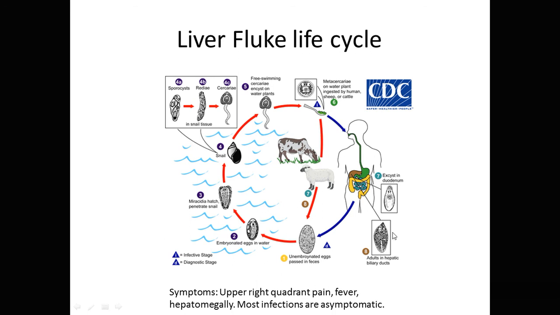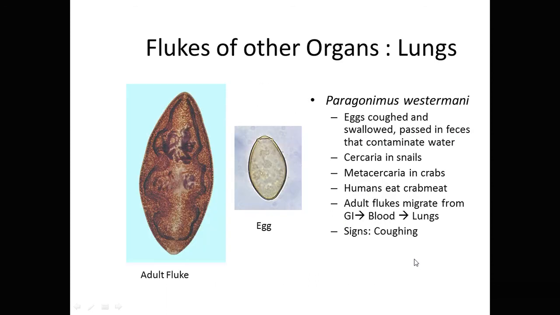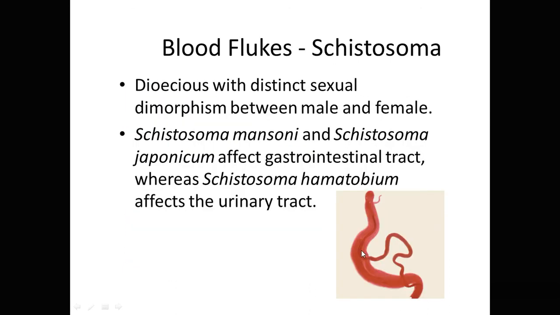Pain in the area where liver is located, hepatomegaly, but most infections are asymptomatic. There's also lung fluke that affects lungs instead of liver, and also it has several stages outside the definitive host, affecting snails, crabs, and humans eat the crab meat, and then flukes' larvae go from GI tract to blood and lungs, and symptoms can be coughing here.